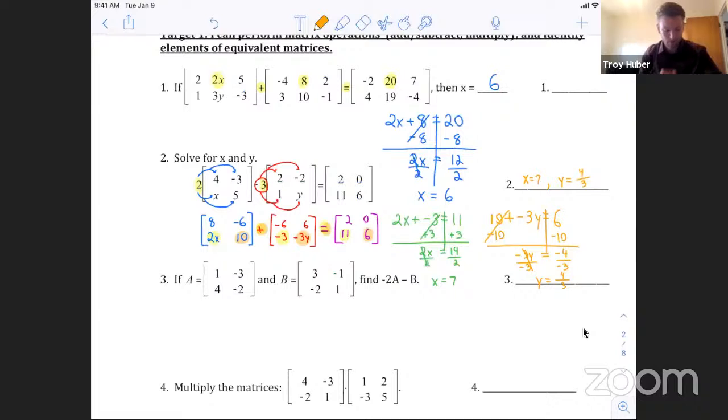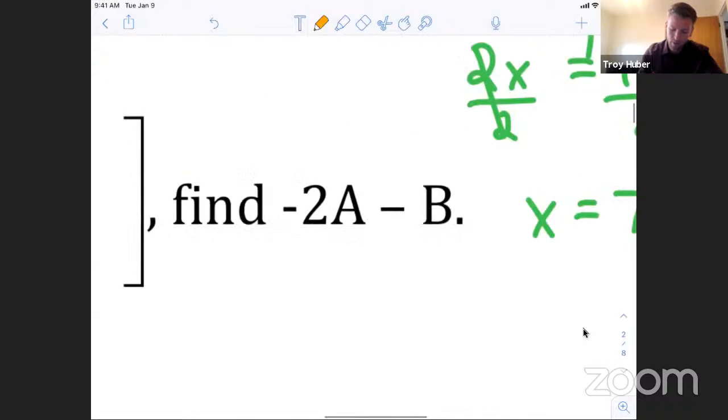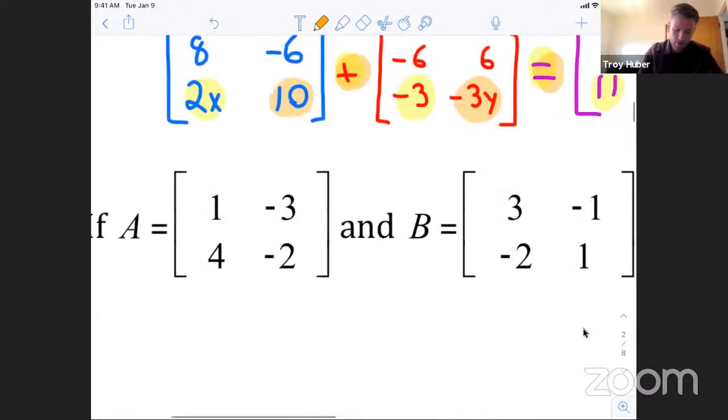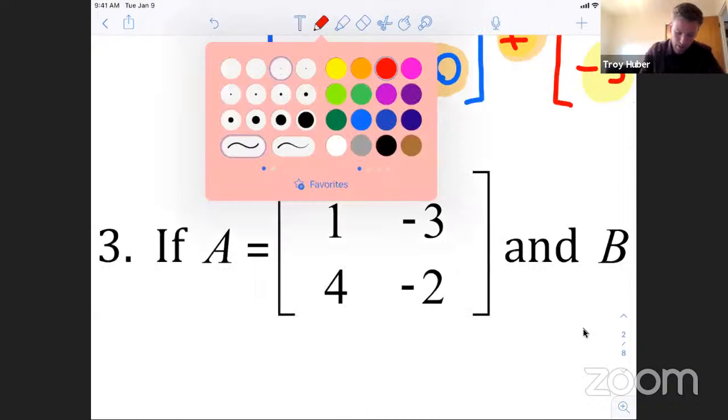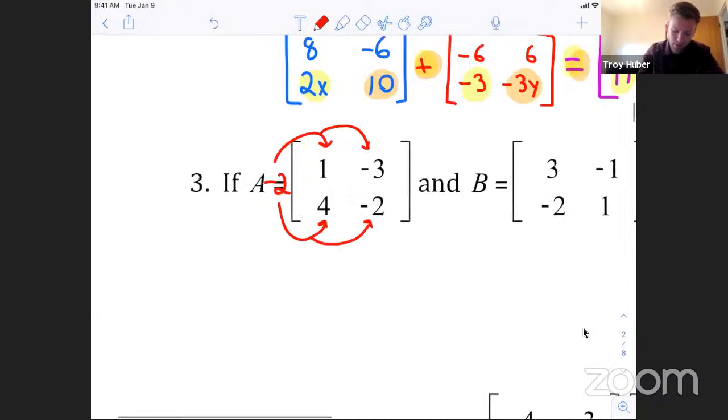Even number 3 is along the same lines. So I just want to, it tells me down here, we want to multiply that A matrix by -2. So I'm just going to go ahead and write -2 here, and then we're going to do the exact same thing we did in the last one, where we distribute that to the entire matrix.